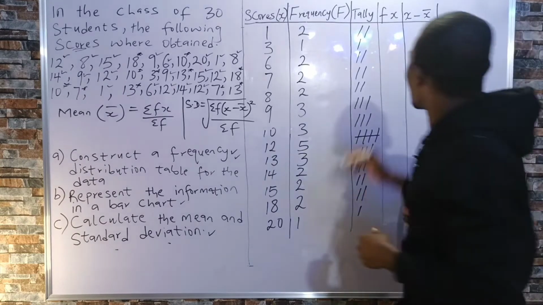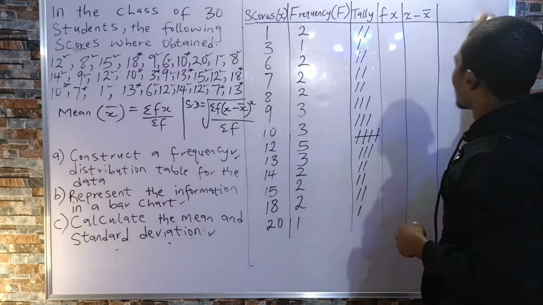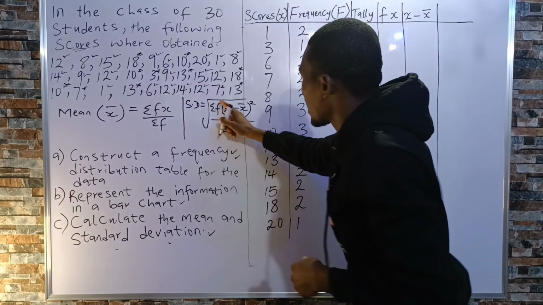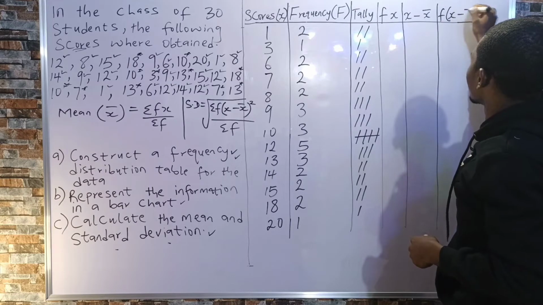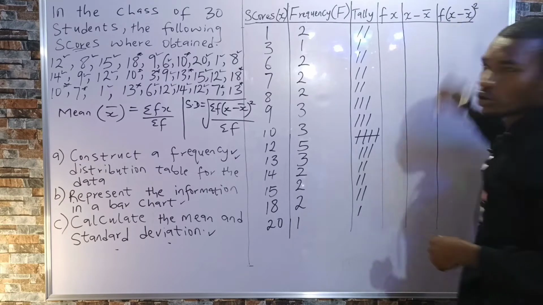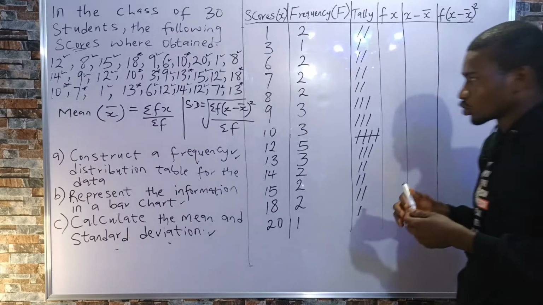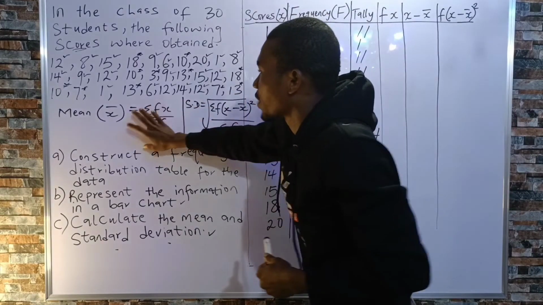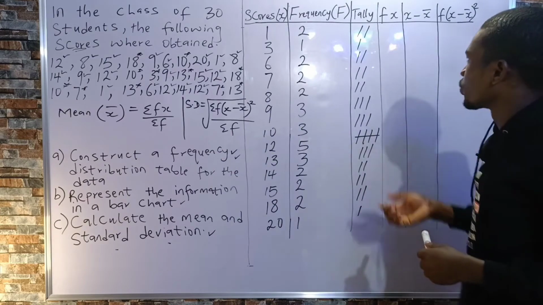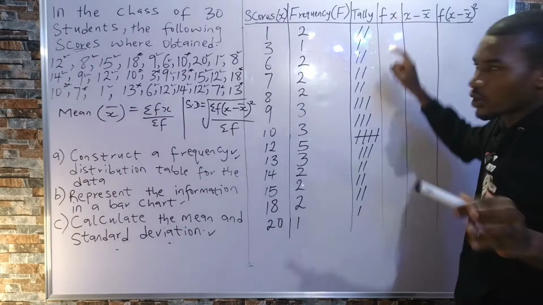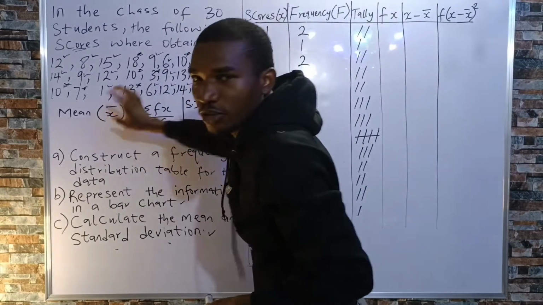After which we shall have the next column that will accommodate our f in brackets x minus our x bar all squared. So I guess we are through with entering all the combined parameters we have in these two formulas. So let's start with our fx, because we are targeting to find our mean first of all.